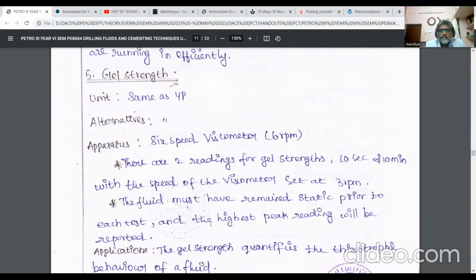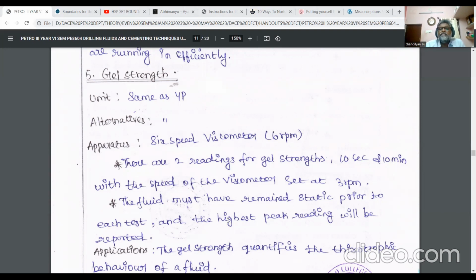Put simply, the strength of the fluid to become like a jelly or a gel at a specific time duration. Let's say it's for 10 seconds and 10 minutes with the speed of the viscometer set at 3 RPM. It must be at 3 RPM and the fluid must remain static prior to each test.